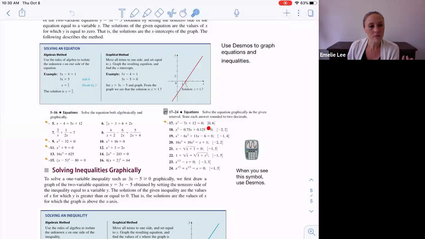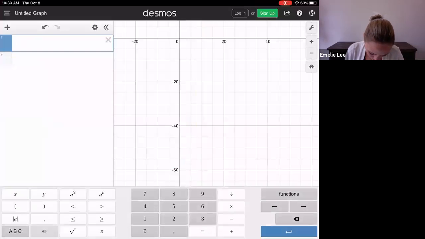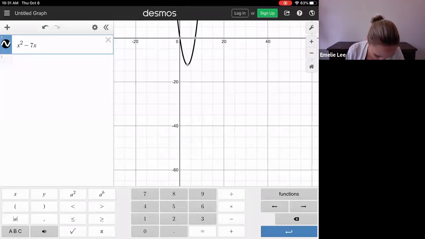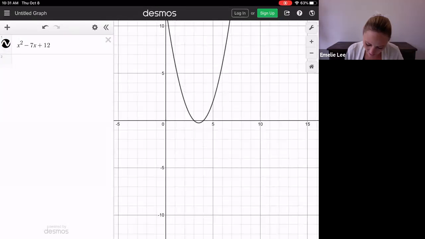So if that's between 0 and 6, I'm not sure, but if I go in here, because we're only doing it graphically now, I have x squared minus 7x plus 12. And remember they said, I don't have a pointer on Desmos, but between 0 and 6 is where I want to focus my attention.